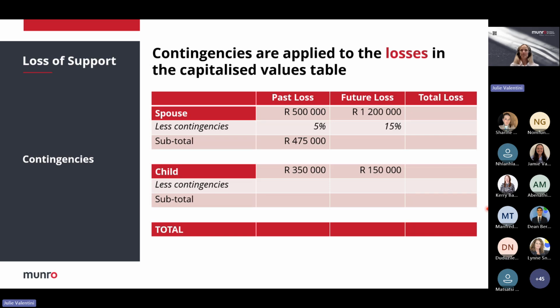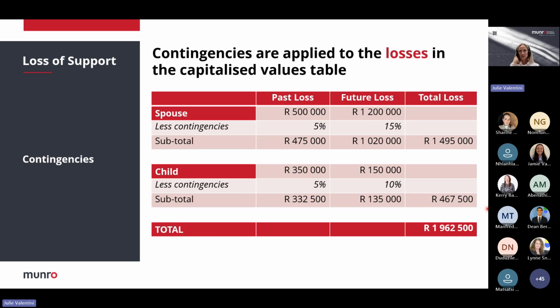If we take off 15% from the 1.2, we get that value, and adding the two together gives you our loss value for the spouse. For a child, it would be the same sort of thing, 5% deducted from the 350,000, and then 10% deducted from the future, and then adding those two together. And then for the total loss, we would just add the spouse and the child together.